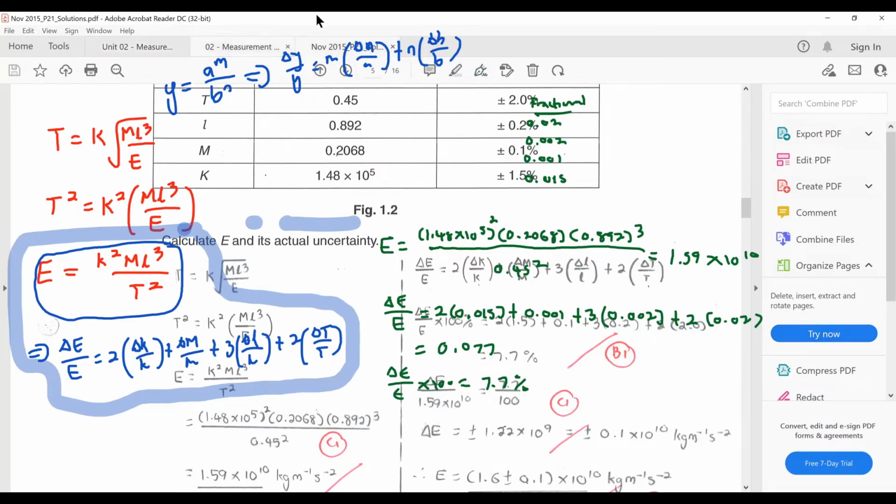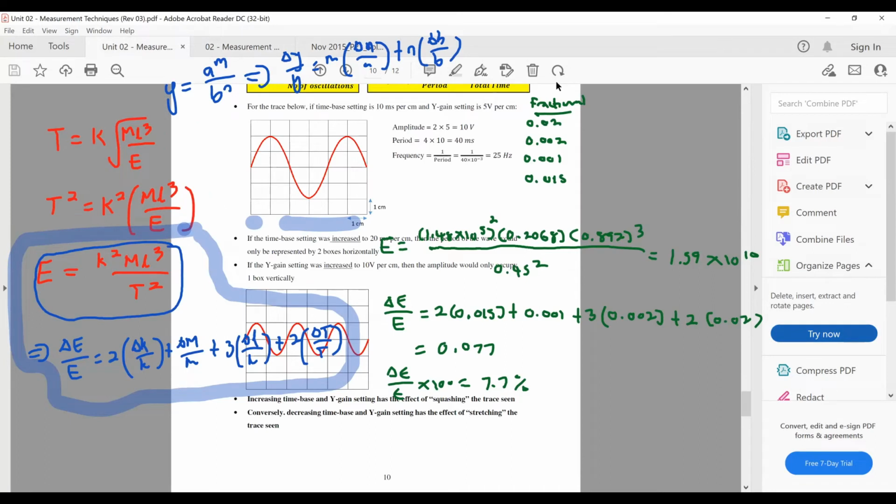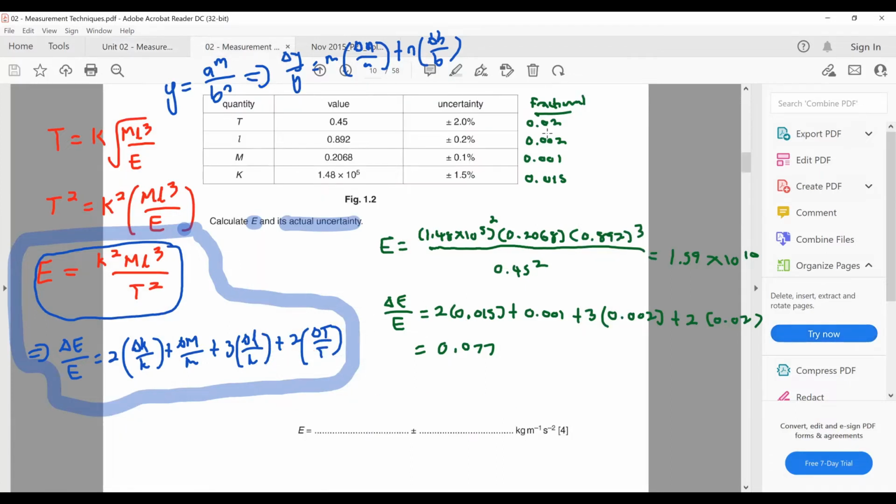Actually, no need. That's not what I want to find. Sorry. The question wants the absolute uncertainty, right? Like I said, you have actually gotten the answer in fractional uncertainty form, but the question wants the absolute uncertainty, delta E. So delta E over E, you sub in the values that you have here, 1.59 times 10 power 10, equals 0.077.